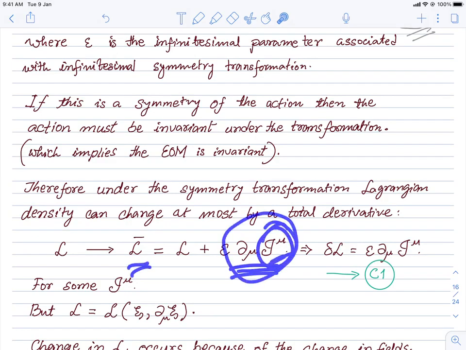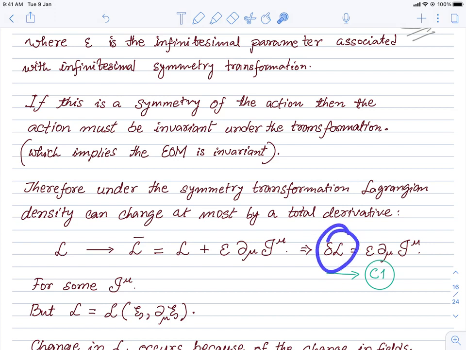I have invented the symbol, you can call it I, J, or maybe your script I. The Lagrangian must transform as a total derivative of something so that the equations of motion are not affected. And it has to be proportional to the parameter of the transformation, which is a small parameter here, so it has to be proportional to epsilon. That means the change in Lagrangian because of this symmetry must be proportional to del mu of J mu. That's the change in L.